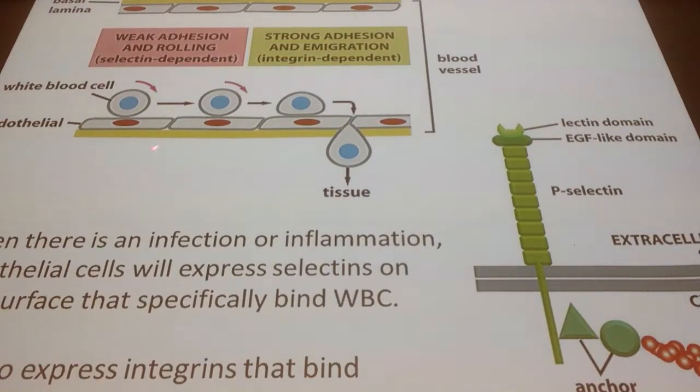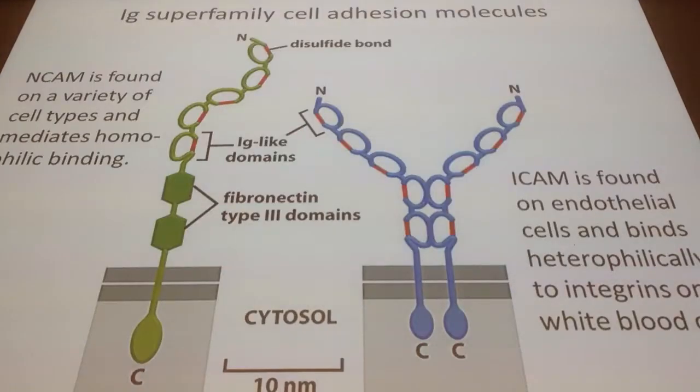In the rolling process, the epithelial cells contain two proteins. One is called P-selectin, or selectin, and another one is called ICAM, which is not on here. ICAM or CAM, C-A-M, is an adhesion protein.